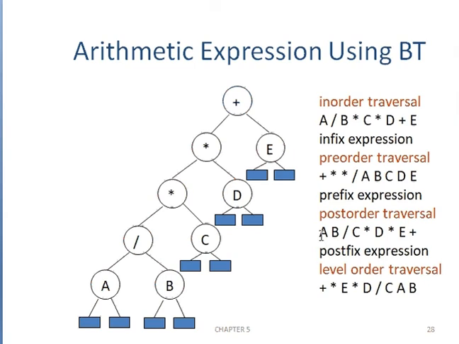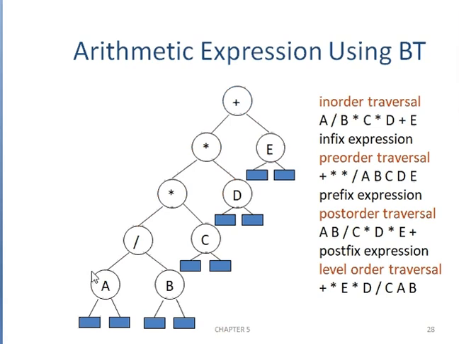Postorder follows in the same way: left, right, and node. So this is the left subtree, you have a right subtree, then finally the node, plus, comes last. So for the left subtree, what should be displayed here? This left subtree has to be decomposed again into a left subtree, which happens to be this. Again this left subtree has to be decomposed into this.